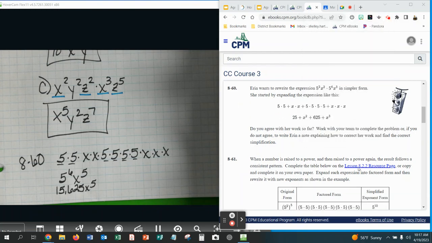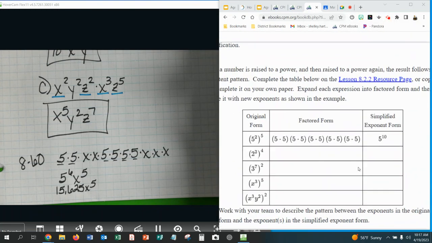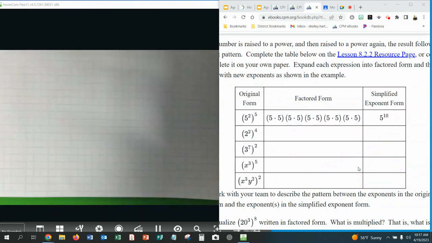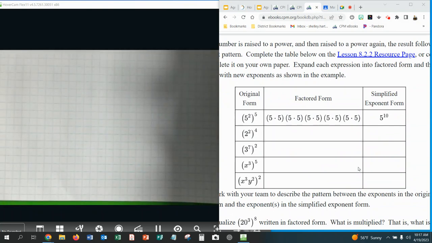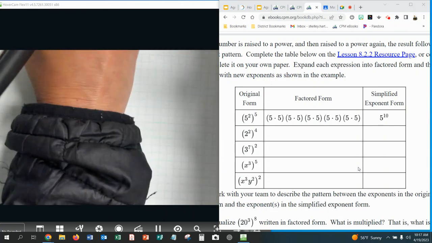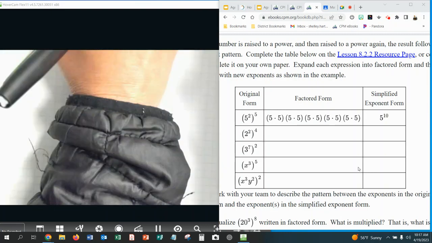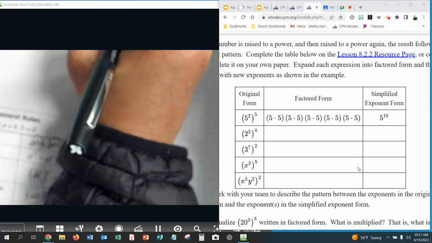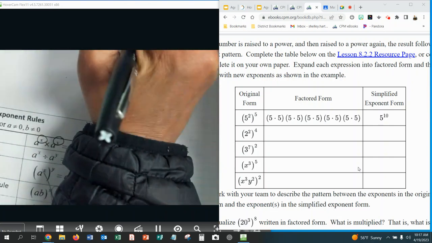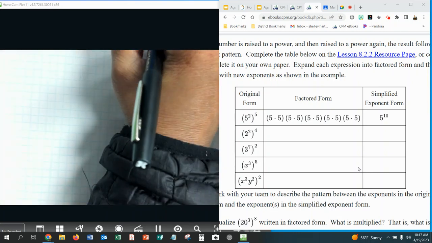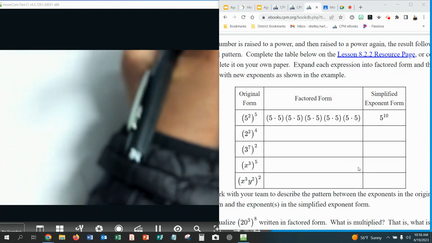All right, let's take a look at 8.2.2 right here. We have moved into a different rule. We are now starting with the power rule, which if you remember, shows that if you have the same base and an exponent here and an exponent here, they are going to multiply the exponents.